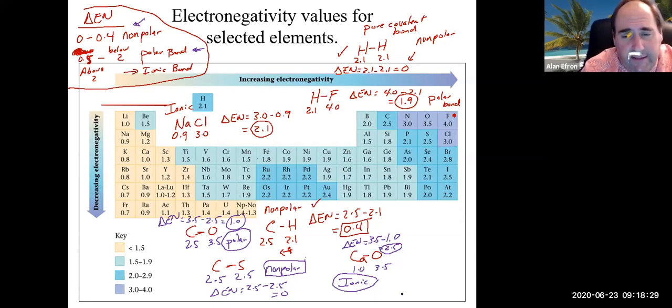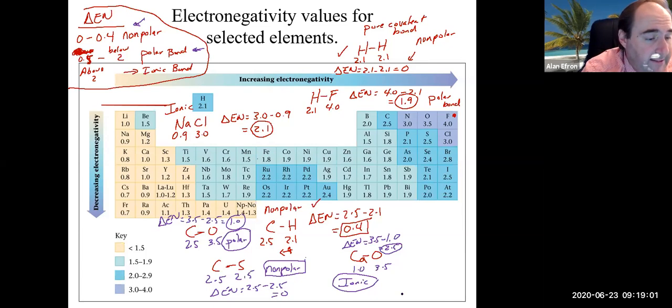Now, if you have a metal and a nonmetal, you pretty much don't need the values either, because you should know that it's an ionic bond. If you have two nonmetals and they are different, it may be a polar bond in a lot of cases, but it could also be a nonpolar bond, like what we have here with carbon and sulfur.